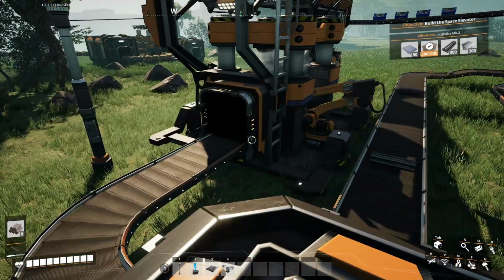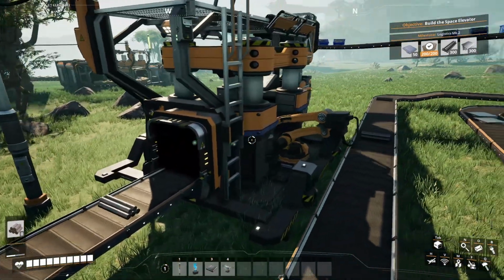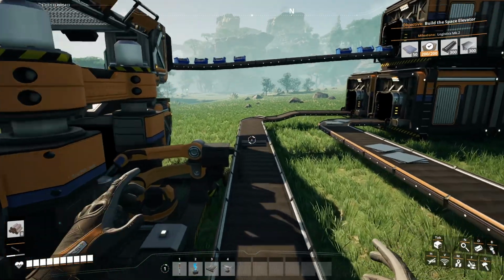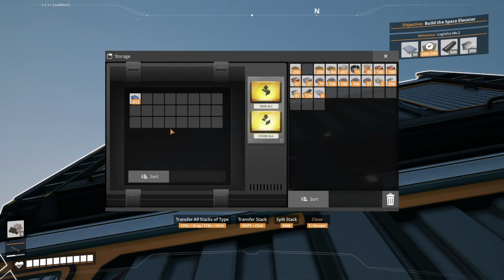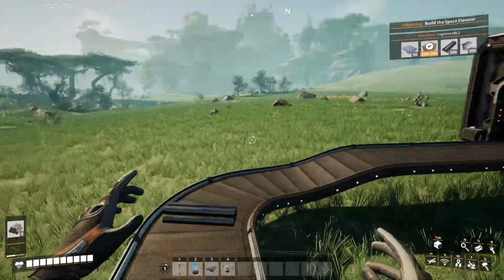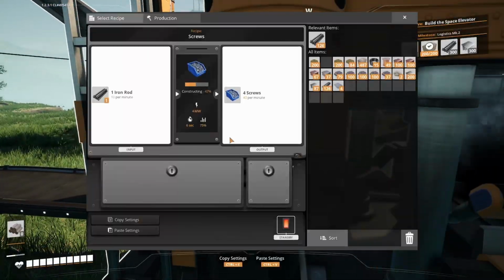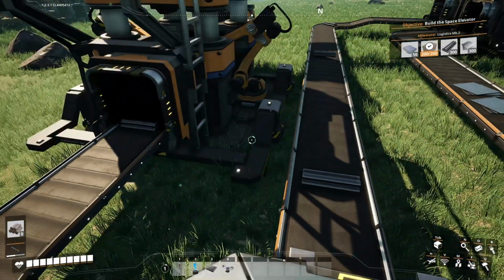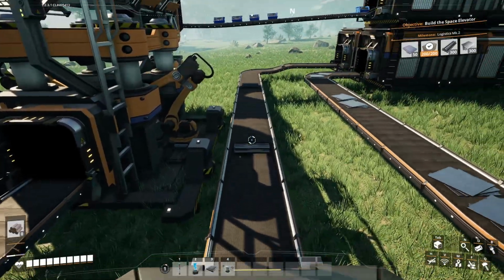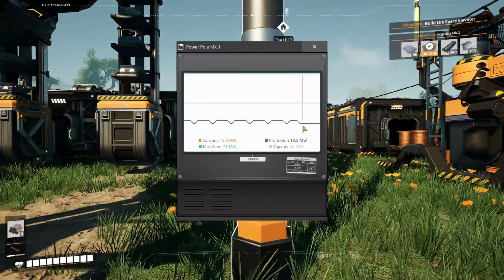We're not feeding it enough rods. How many screws do we have? Should be enough for anything that we need to do at the moment. So I think what I'll do is turn that off for now. Yeah, that's what was doing it.